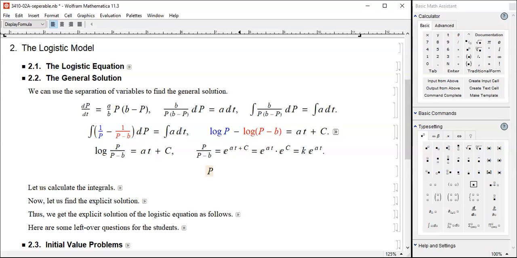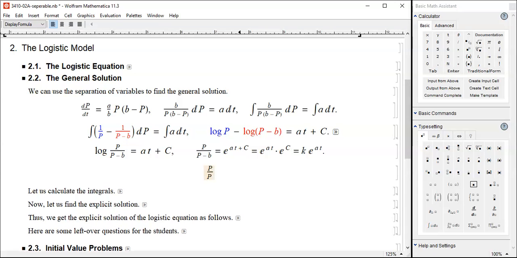p over p minus b is equal to k times e to the a t power, and from here let's solve for p. How do you do that? Well, don't be intimidated by this exponential and all.